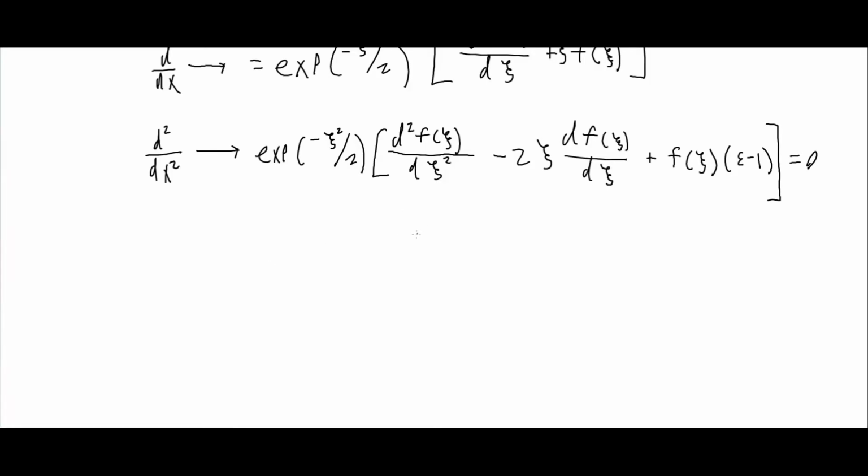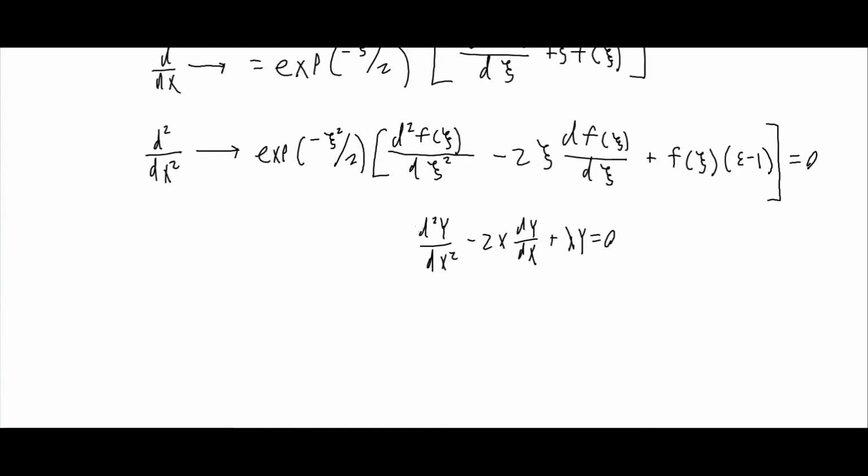And so that is of the general form d2y/dx squared minus 2x dy/dx plus lambda y equals 0.